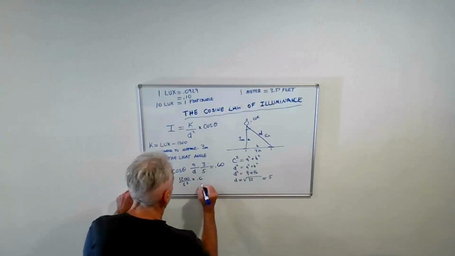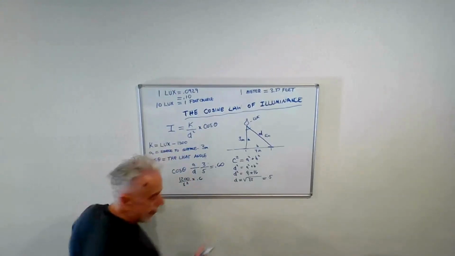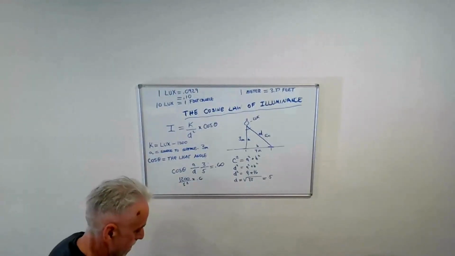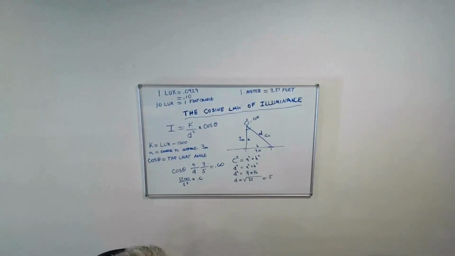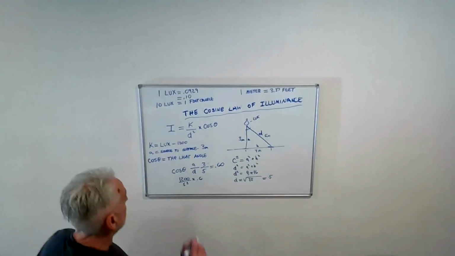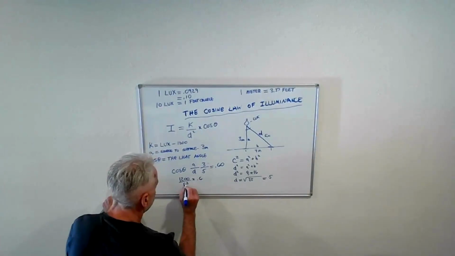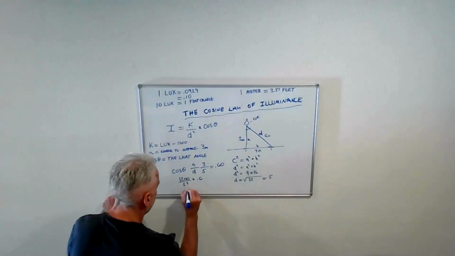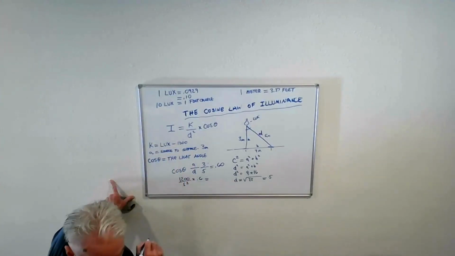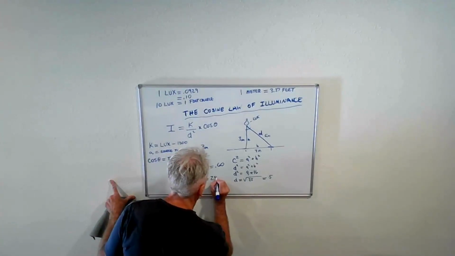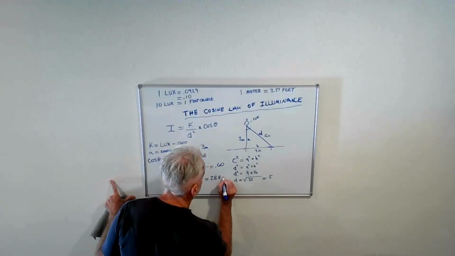So 1200 divided by 25, times 0.6, gives us 28.8 lux.